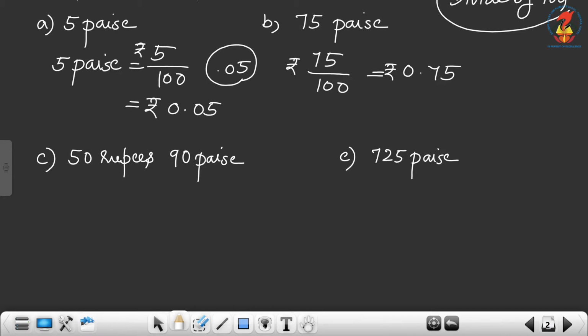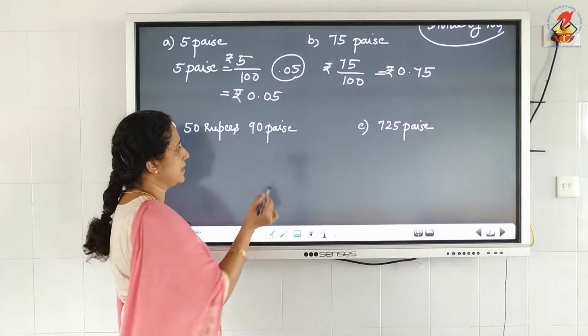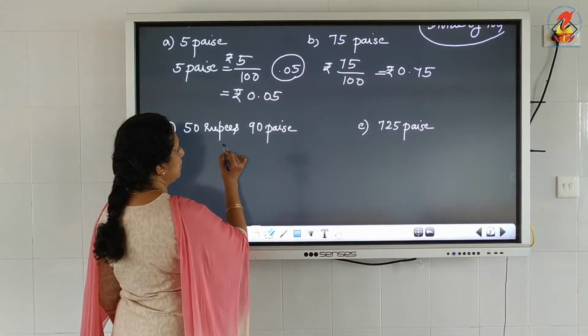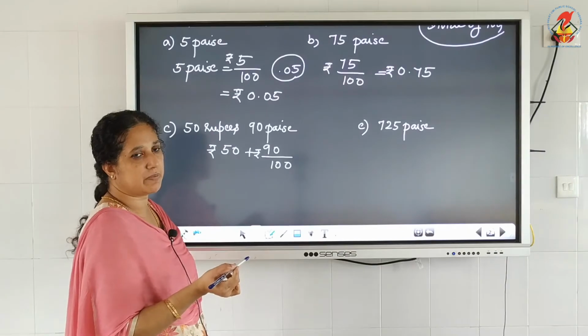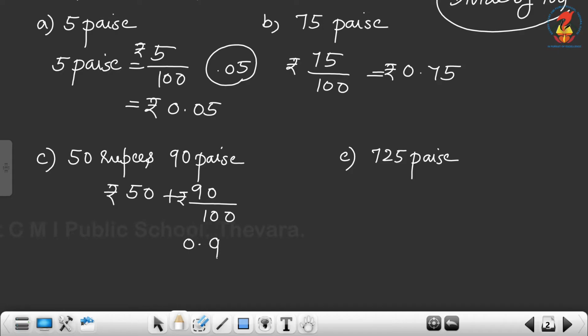So 50 rupees will come in the whole number part and the paise will come in the decimal part. So 90 paise you have to convert: rupees 50, plus 90 paise converted to rupees 90 by 100. How can we write it in decimal form? 0.90.